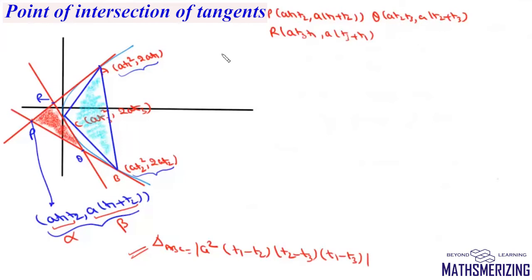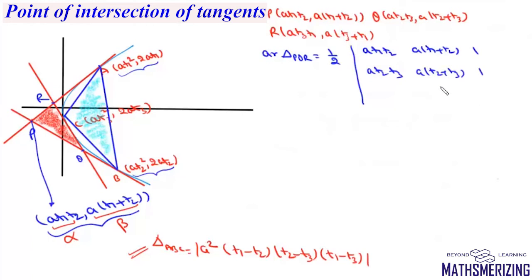So the area of triangle PQR will be 1 by 2 times the determinant with rows (a t1 t2, a(t1 plus t2), 1), (a t2 t3, a(t2 plus t3), 1), (a t3 t1, a(t3 plus t1), 1), with its modulus value. From the first column we'll take a common, and from the second column also we'll take a common, and again we'll do R1 as R1 minus R2 and R2 as R2 minus R3.